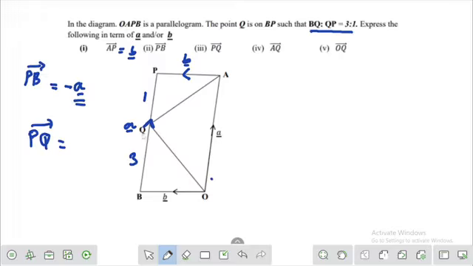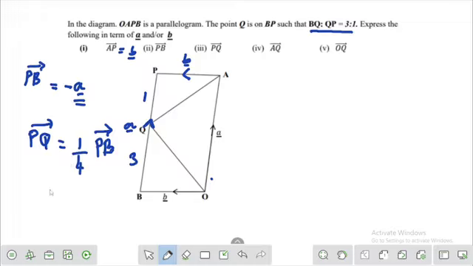So to find the PQ, you get its ratio, which is a 1. So you get a 1 here over the total distance, which is 3 plus 1, you get a 4. Then you are going to multiply with the entire line for PB. Because PB we already have, which is this one on top.